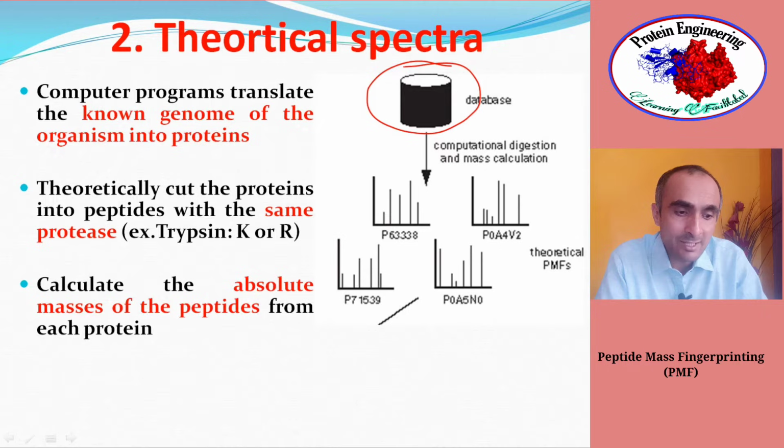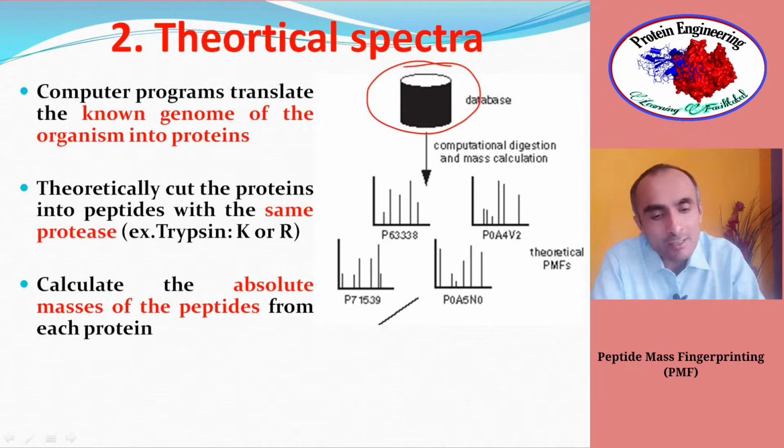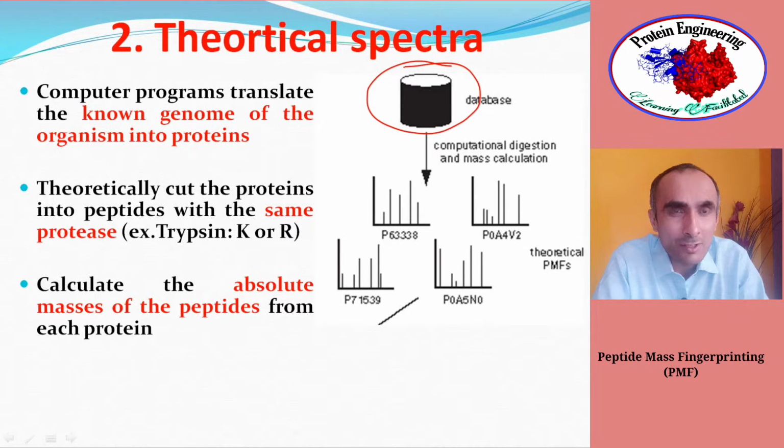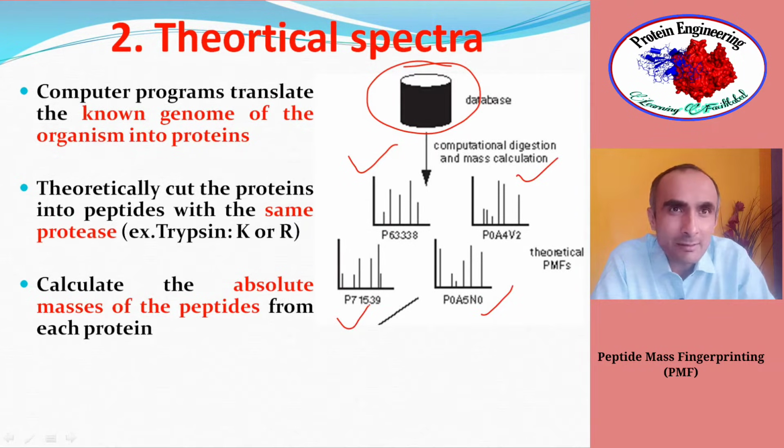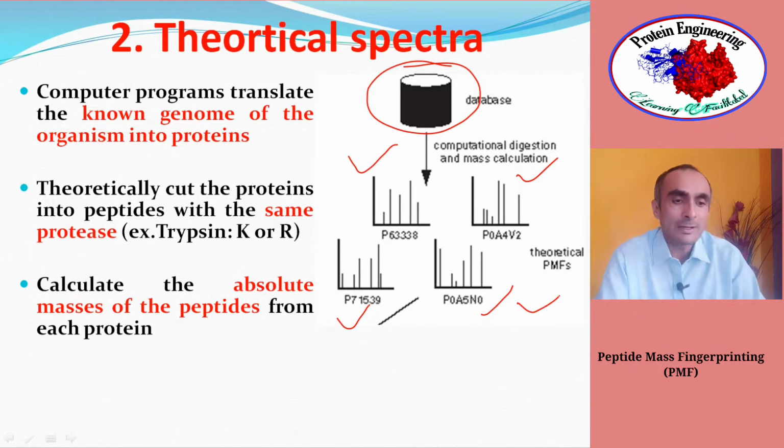So if there are, say, four proteins in the proteome, you will get four different spectra, each for a single protein. Depending on the number of proteins present in the database, you have the same number of theoretical spectra. So here you use the same enzyme, like trypsin, and theoretically you acquire the spectra.